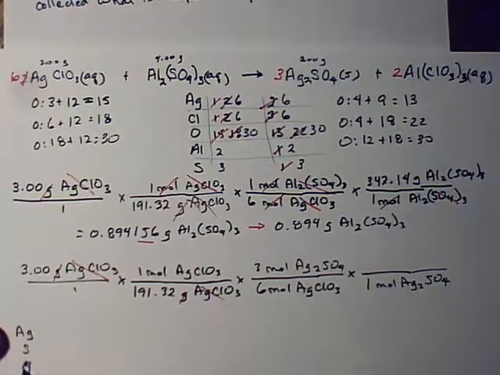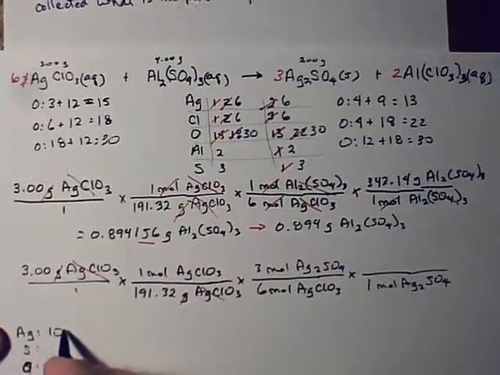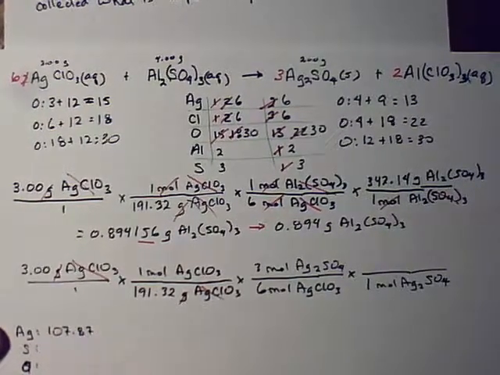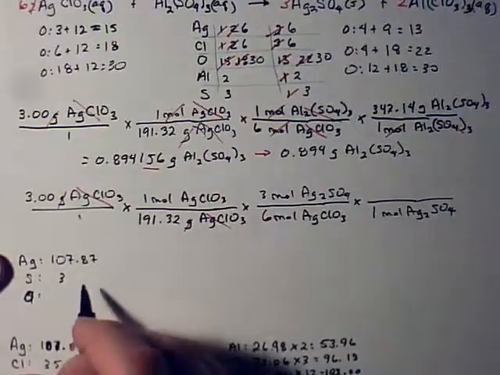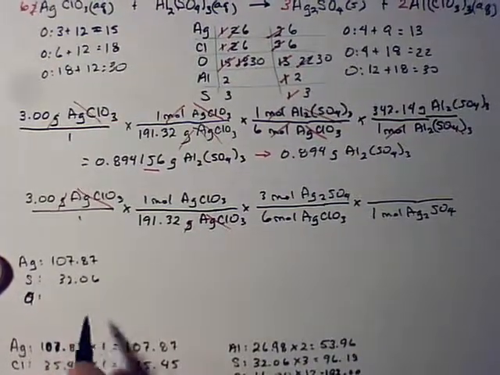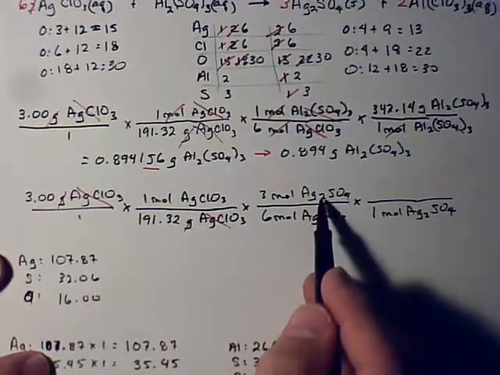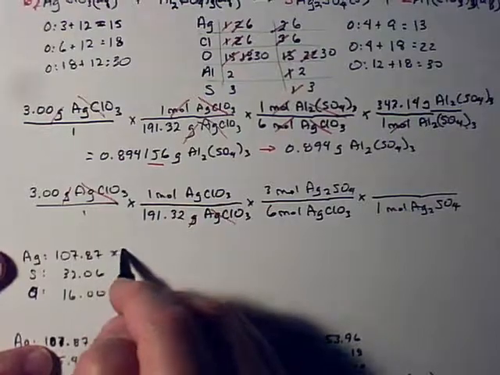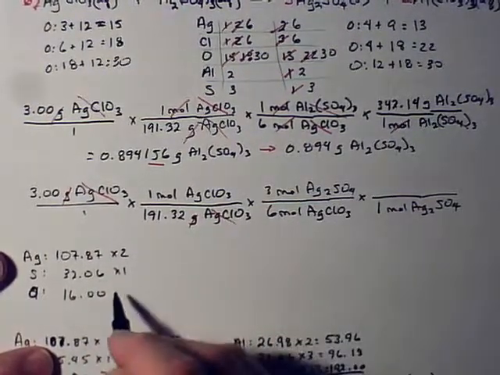All right, so let's do the molar mass calculation for silver sulfate. Oh, oxygen. All right. So the silver is 107.87. The sulfur is 32.06. And oxygen is 16. And in the formula, I've got 2 silvers, 1 sulfur, and 4 oxygens.